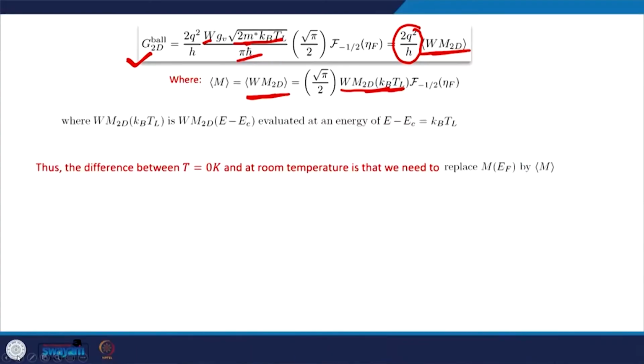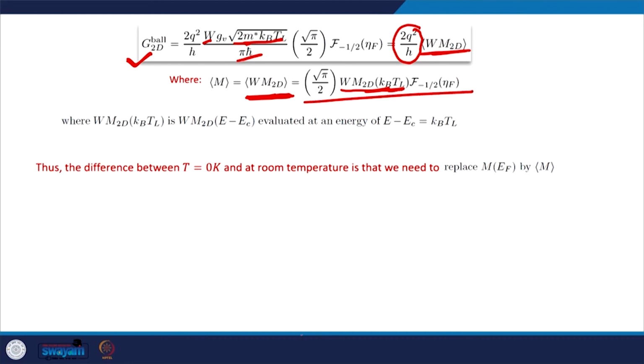So, this accounts for most of the electrons in the non-degenerate semiconductors. So, that is why these constant terms can be written as average of W times M 2D.